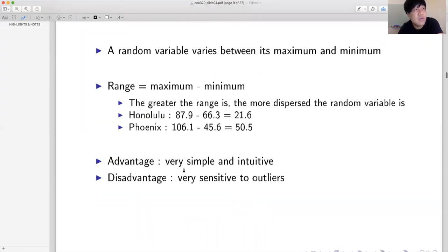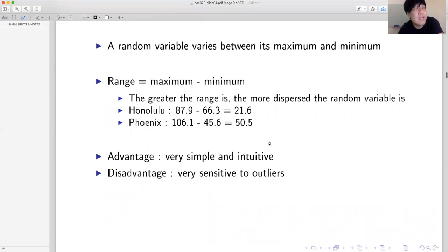The advantage is very simple and intuitive, very easy to calculate. The disadvantage is that it is very sensitive to outliers. For example, if in one day in Phoenix the highest temperature were 120, for example, instead of 106, then your range would increase dramatically due to just one day of higher temperature.